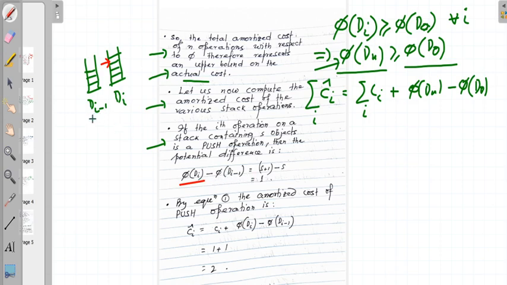Di minus 1 contains s elements, and after the push operation there will be s plus 1 elements. So phi of Di is s plus 1, and phi of Di minus 1 is s. So the difference is s plus 1 minus s, that is 1. Push operation.